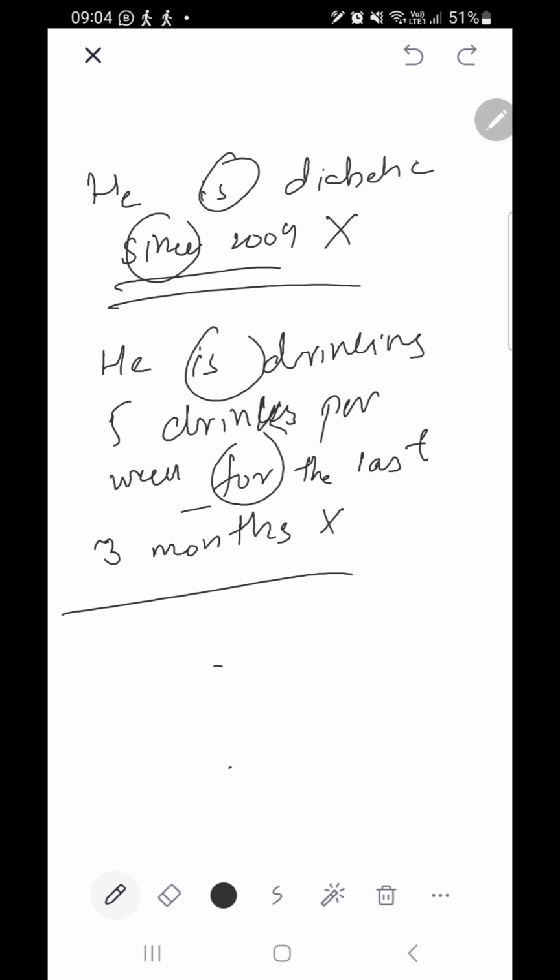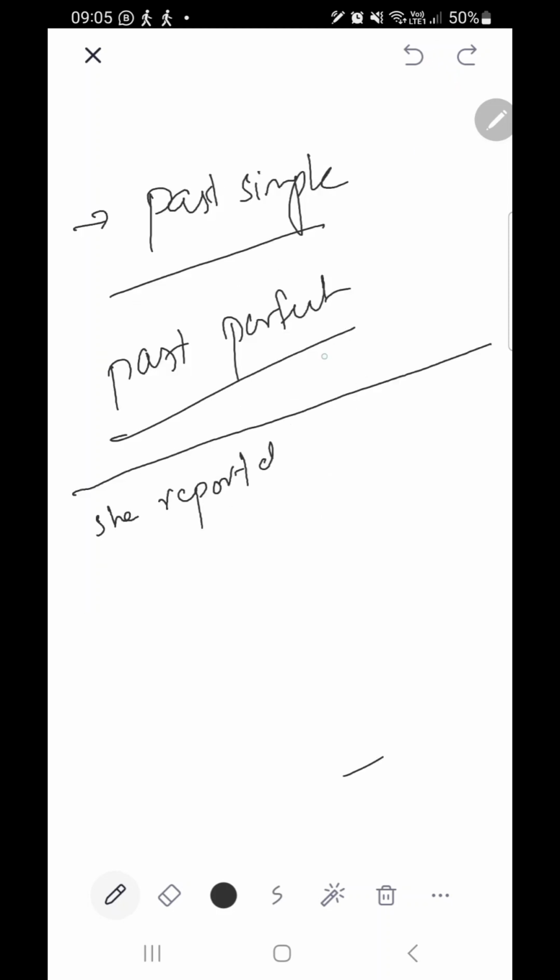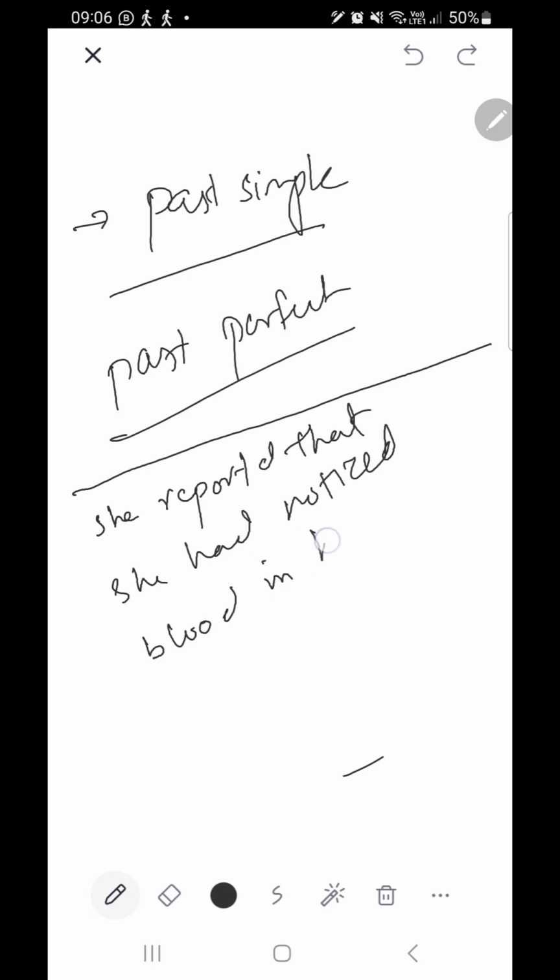Okay, so we have to see which tense should be used accordingly. "She had noticed blood in her stool, maybe twice in the last week."